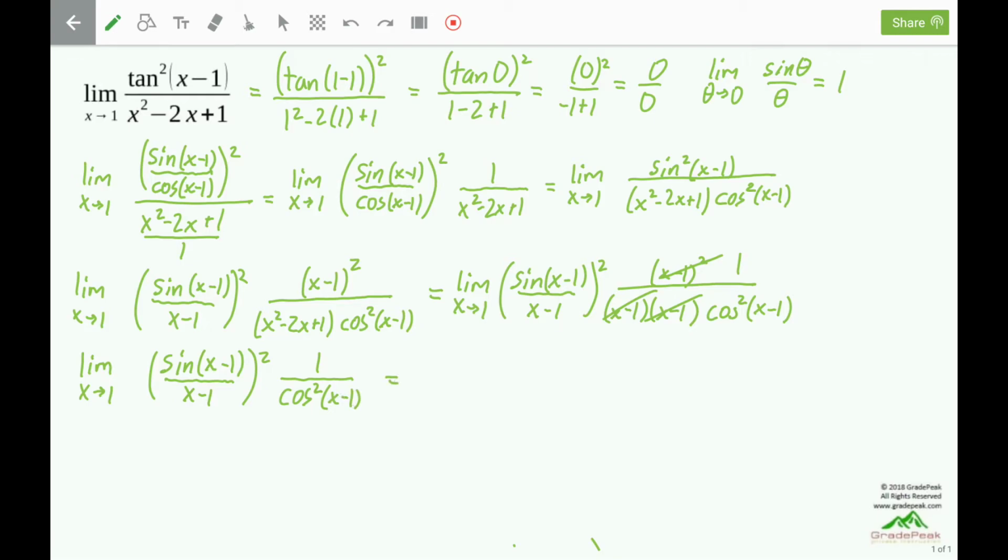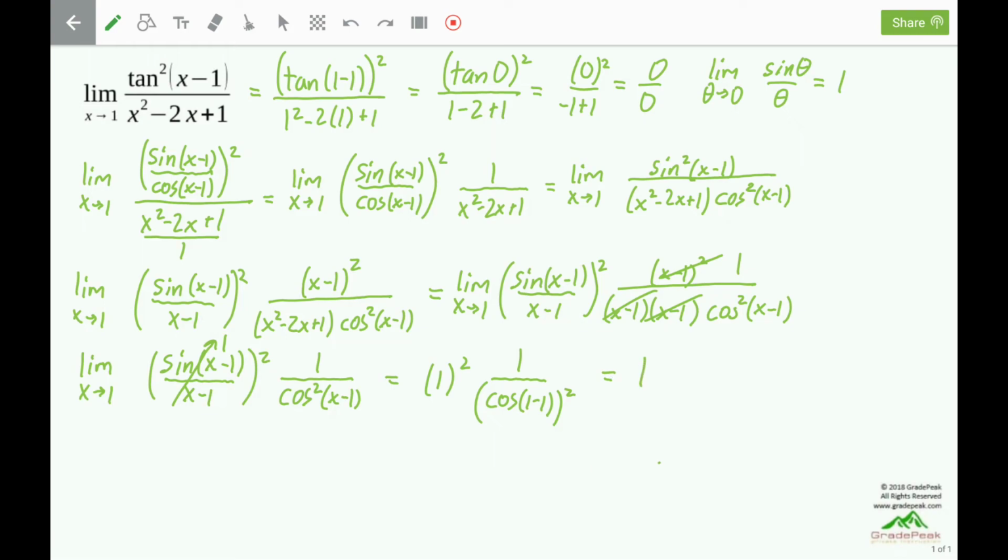Okay, according to the identity, that first fraction is phase matched, and it has a limit which will equal 1. So that's just going to be a 1 squared. And then the remaining expressions, I can just plug a 1 in for the x's. So I will have 1 over cosine of (1 minus 1). And then remember, you evaluate the cosine first and then square it when you have cos squared.